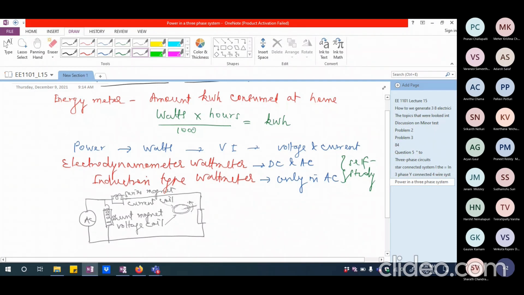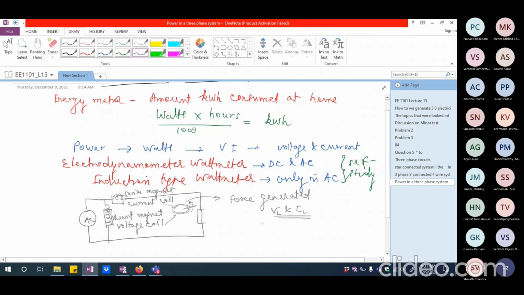So this wattmeter disc indicates the force generated because of the interaction between the voltage and current. Both of them are going to interact with each other. The voltage is the voltage across the load and the current is the current through the load.